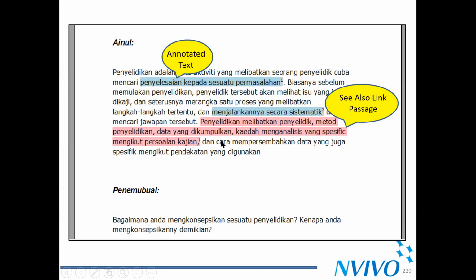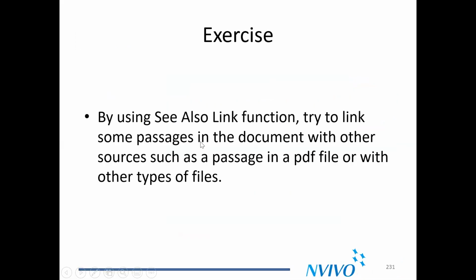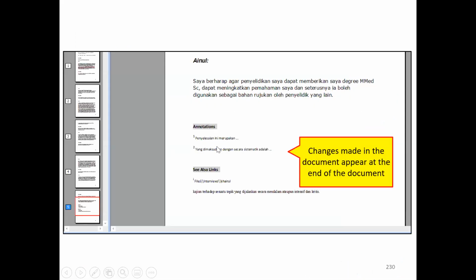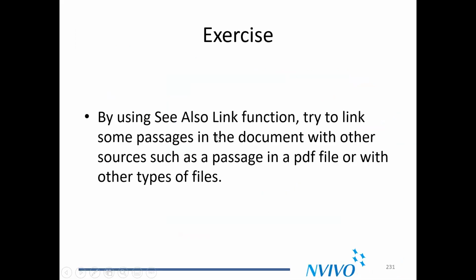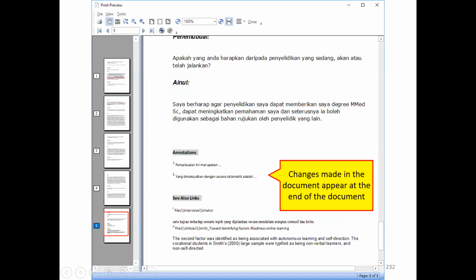You notice that you have italic Roman numbering, and Arabic numbering for annotation. As for See Also Link, it will be Roman numbering. You can see at the end of your document the changes that you have made. You have tried this just now with all those materials. So you can also link PDF to PDF. If you read one article and you link to another article, you can do that too.